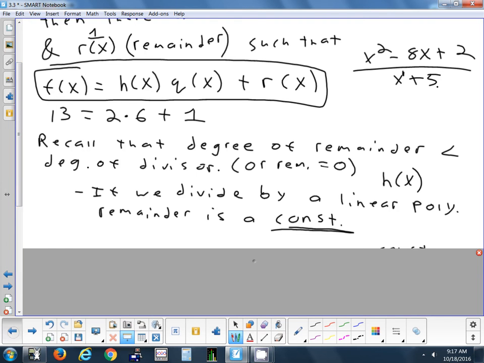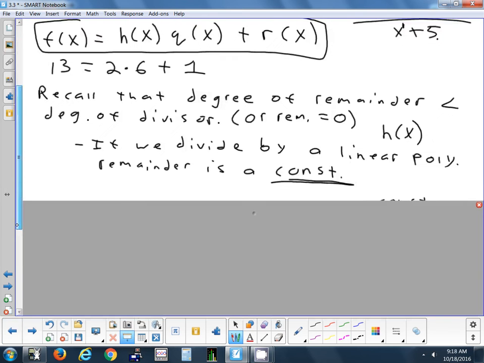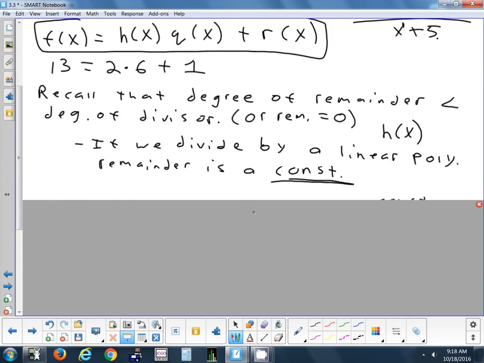If you divide by something like I did here, 2x squared, your remainder is not necessarily a constant. It's going to be a step smaller than x squared, which is x to the first, but that's not a constant. So if you divide by something linear, the remainder is a step below linear, which is a constant.